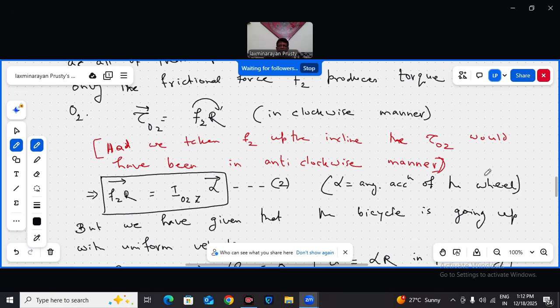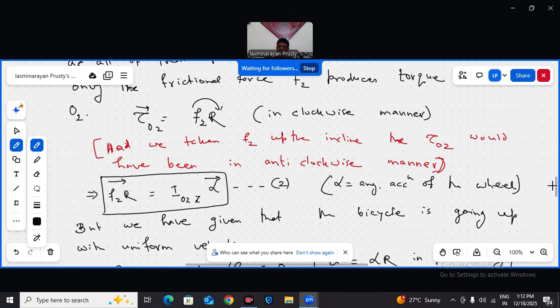So if I choose my axis of rotation at the center of the front wheel, then F2R, the torque, will be equal to I_O2Z into alpha. You know this.